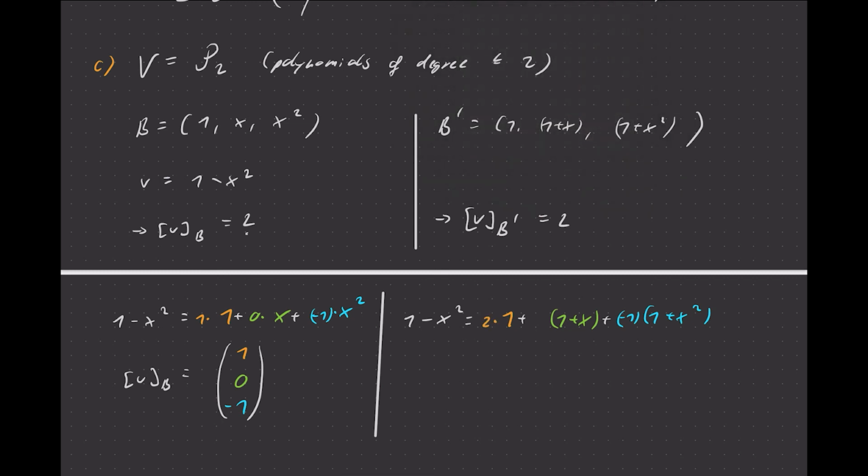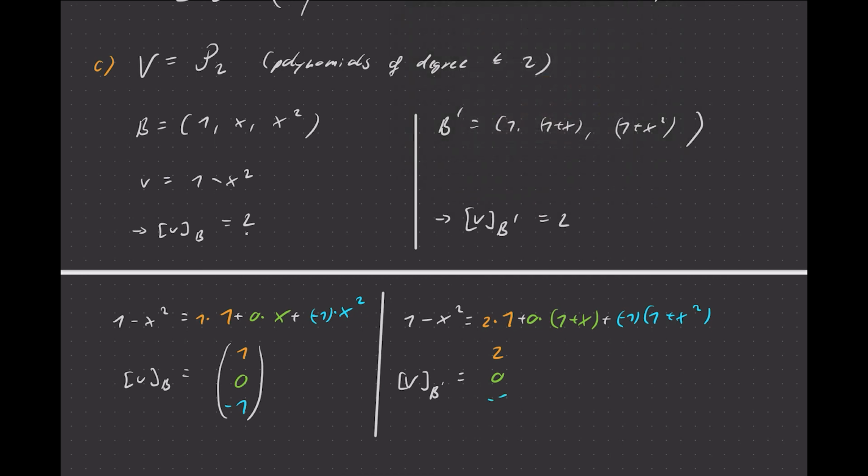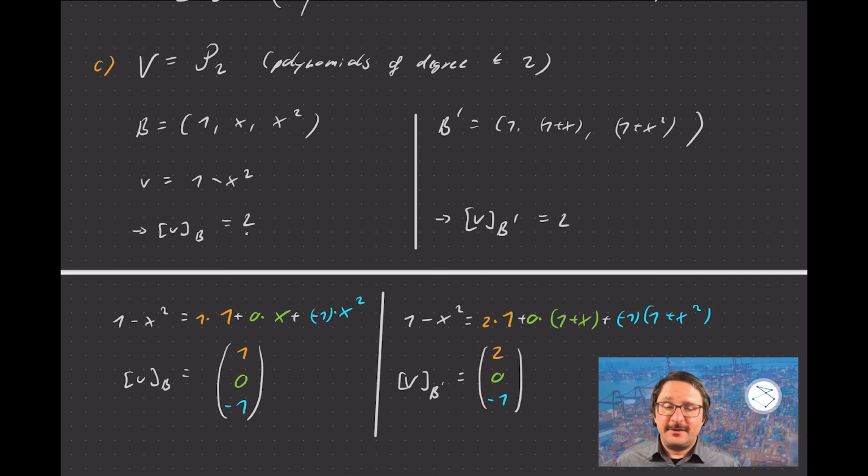We just need that 2 times. So it's 2 minus 1 minus x squared, and that's exactly 1 minus x squared. So we don't need the green part. So that gets a coefficient of 0. And that means the coordinate vector with respect to B prime is 2, 0, and minus 1. So again, different basis, different coordinate system means a different coordinate vector.